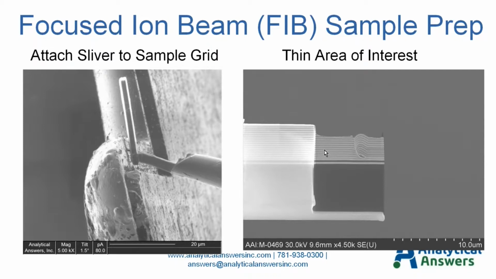And then using the FIB beam, we very carefully thin that down to electron transparency. That's what you're seeing here on the right side. This particular sample is an optical coating that has an embedded defect, which you can clearly see here. And now we're ready to go ahead into our SEM instrument and do some analysis.